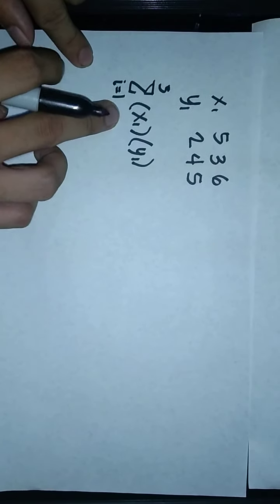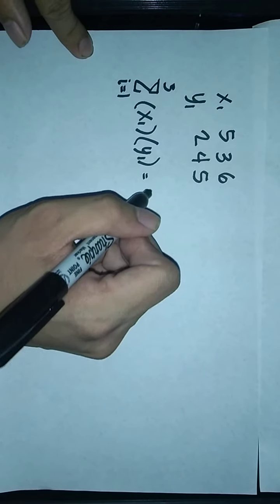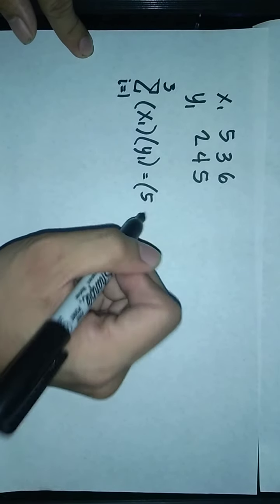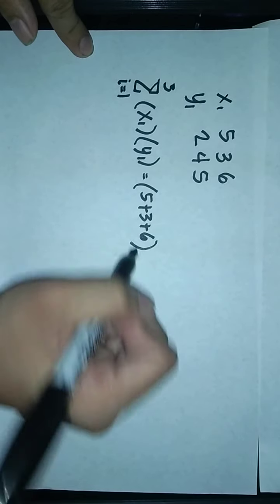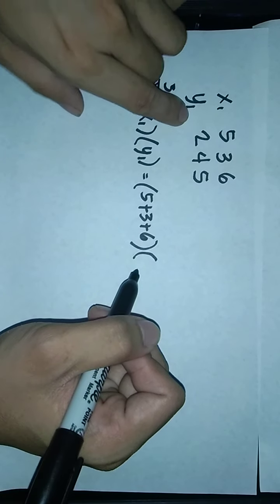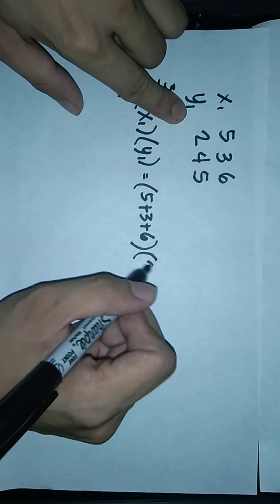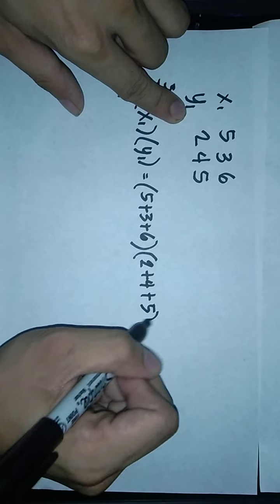So let's have x sub I muna. So we will have yung x sub I natin, sum niya is 5 plus 3 plus 6, and then i-multiply natin siya sa ating y sub I, which are 2 plus 4 plus 5.